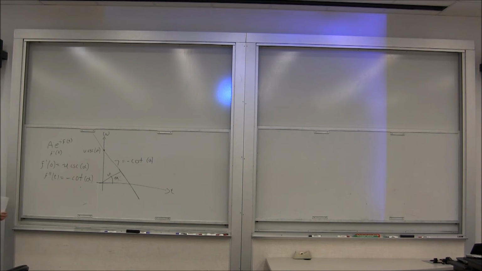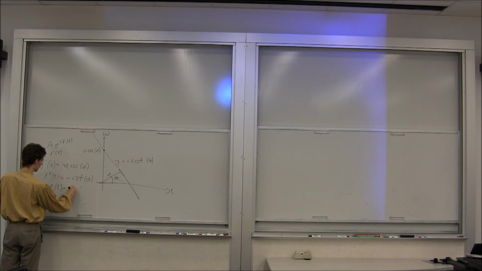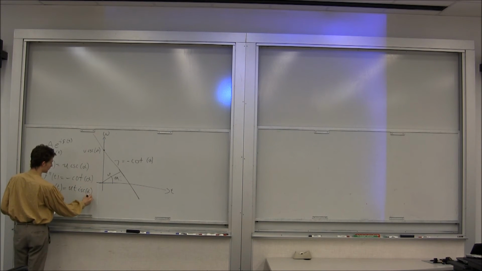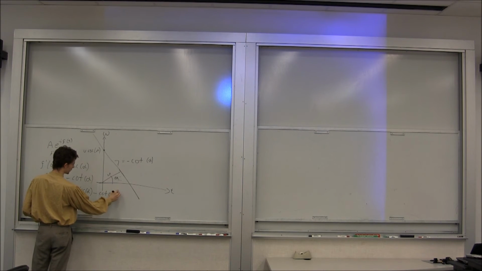The simplest way of solving this system is just to say, well, why don't we let f of t equal u t cosecant alpha minus cotangent of alpha times t squared over 2.